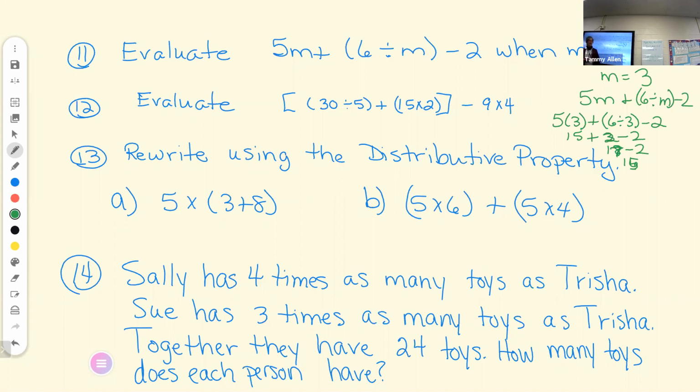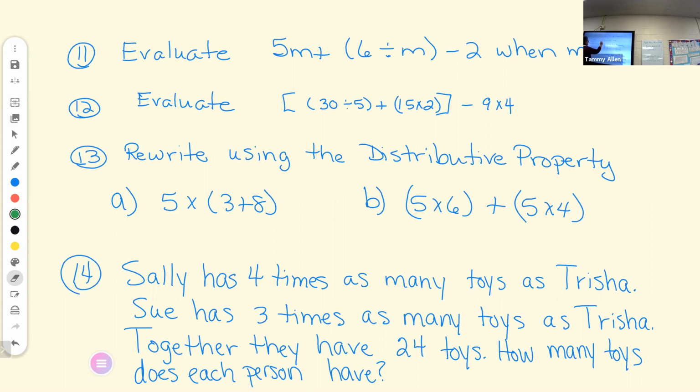All right. So 15 plus 2 is 17, minus 2 is 15. Questions on that? All right. So I'll erase that piece. And then as we evaluate this one, we could do what's in parentheses here.